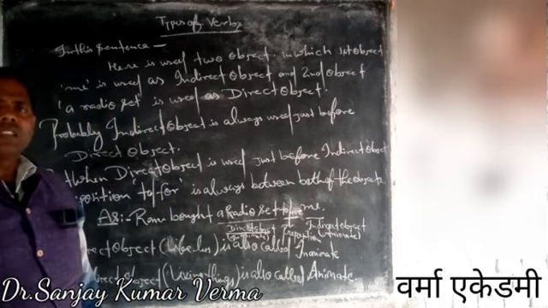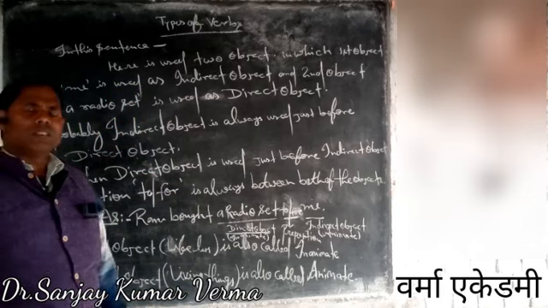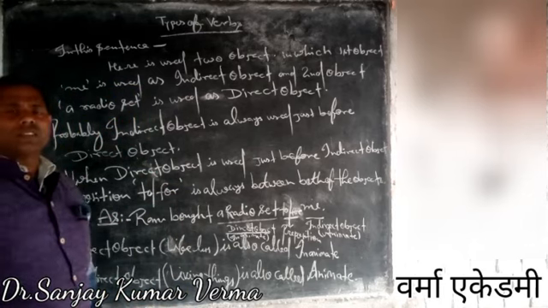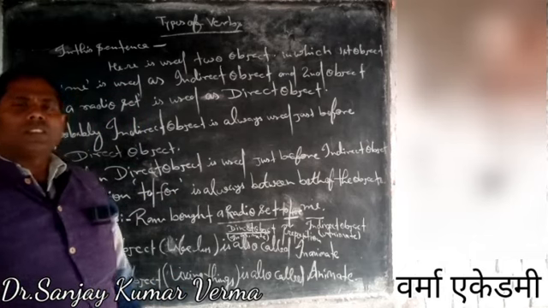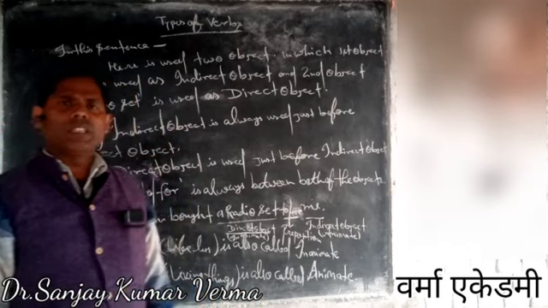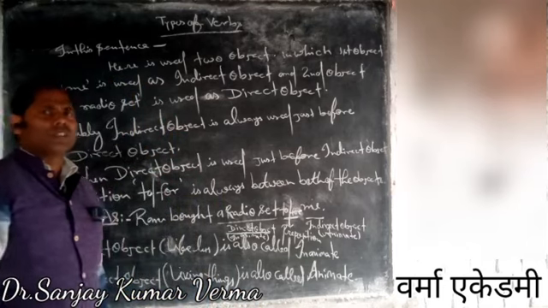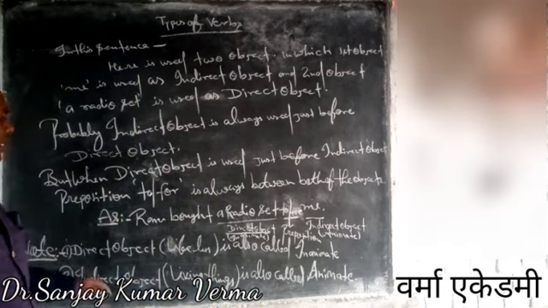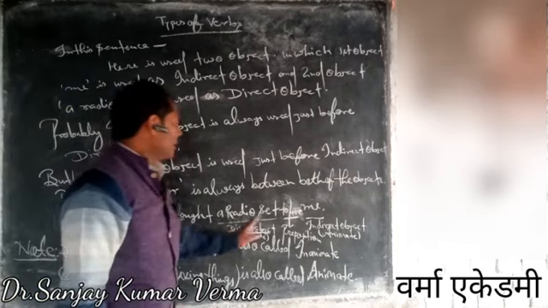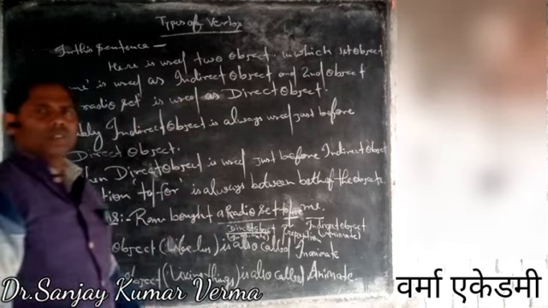But when direct object or inanimate is used just before indirect object or animate, the preposition to or for is always used between both of the objects.